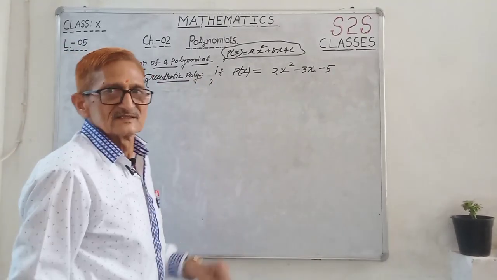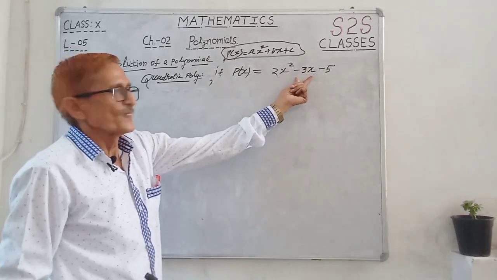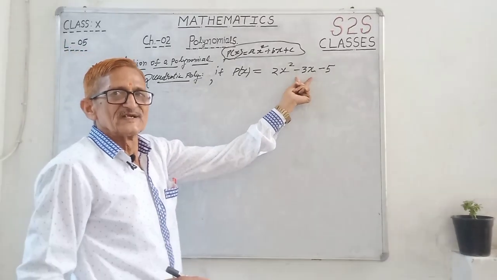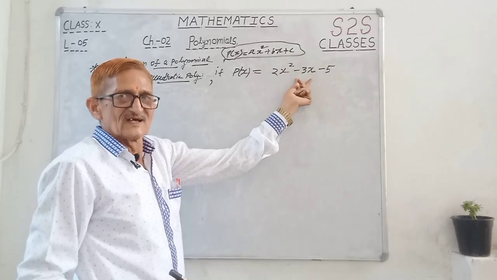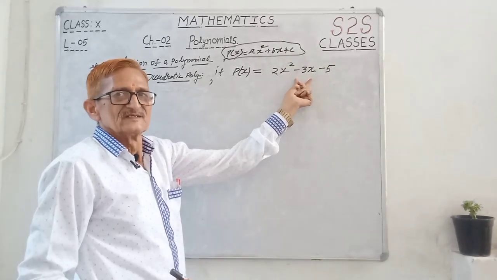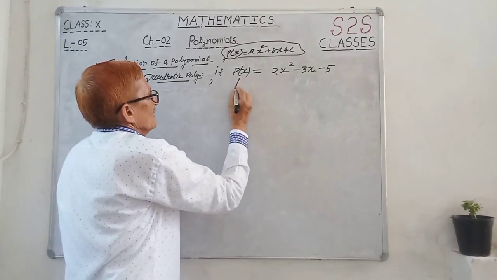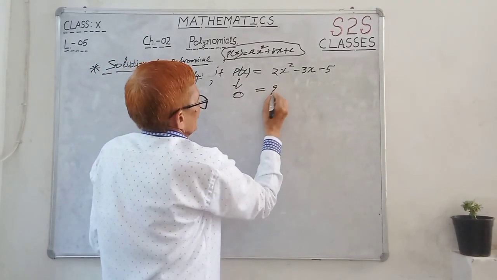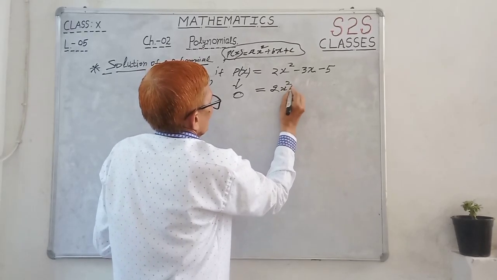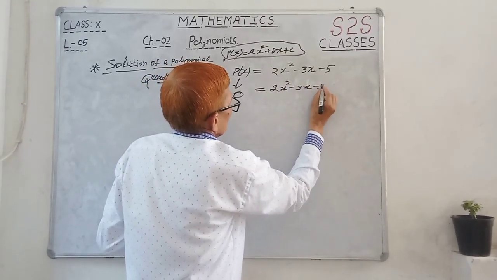If px is this, how can we solve? Splitting the middle term, which was also done in 9th class. Splitting the middle term and setting it to 0: px put 0, so 2x square minus 3x minus 5 equals 0.